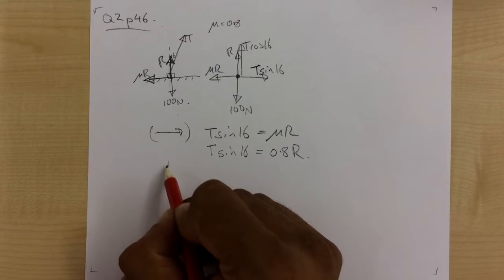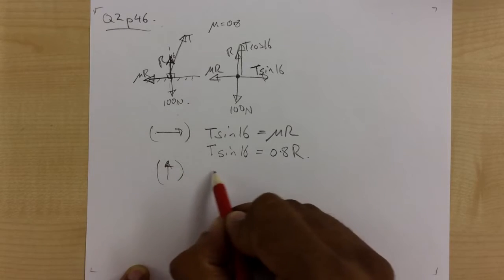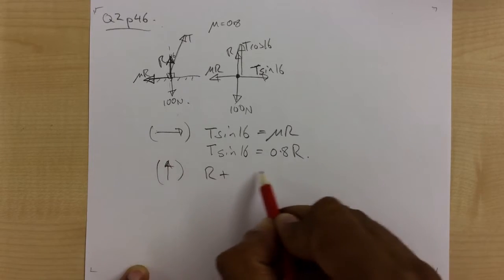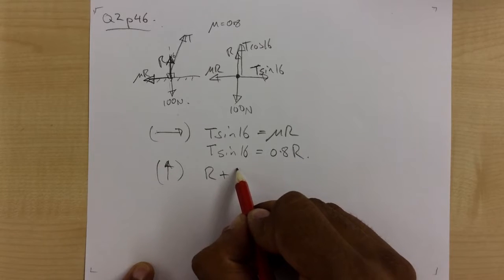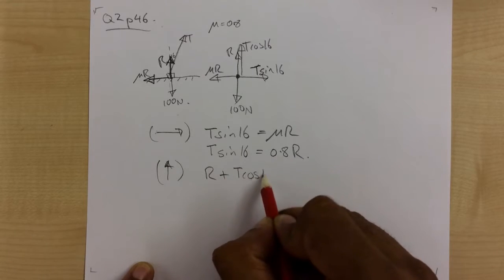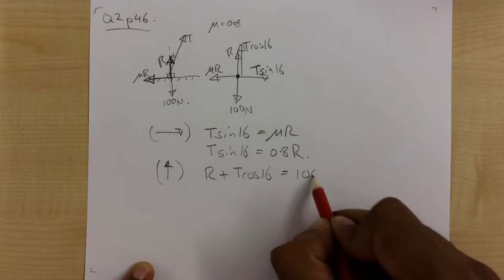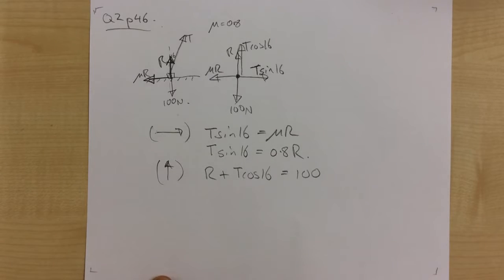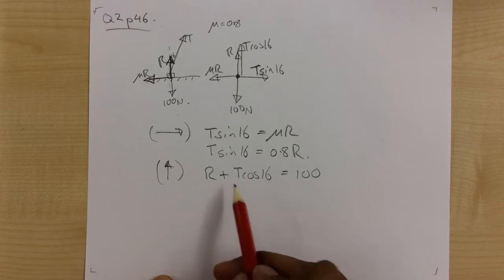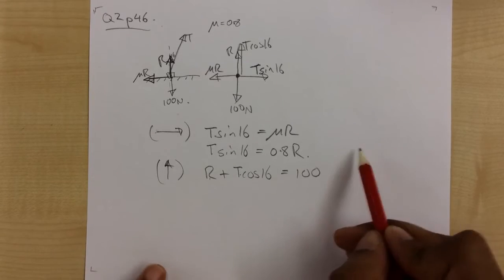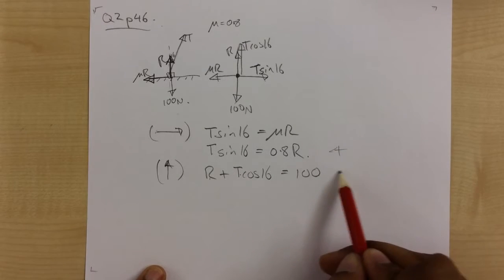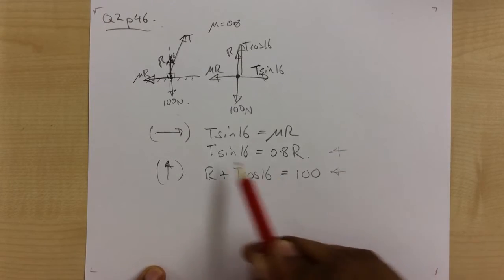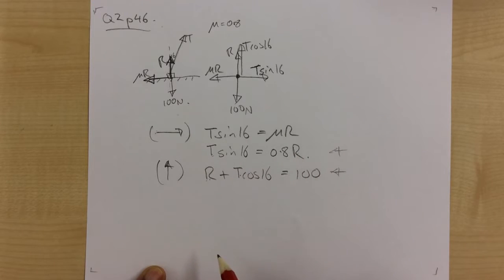If I do this vertically, I've got R plus T cos 16, and that's equal to 100 newtons. So 100. Again, we've got an equation, we don't know R, we don't know T. So from this equation and from this equation, we've got two unknowns and two equations.